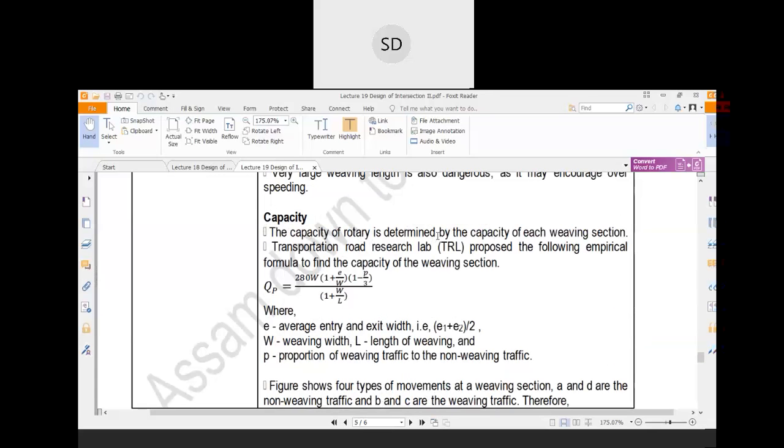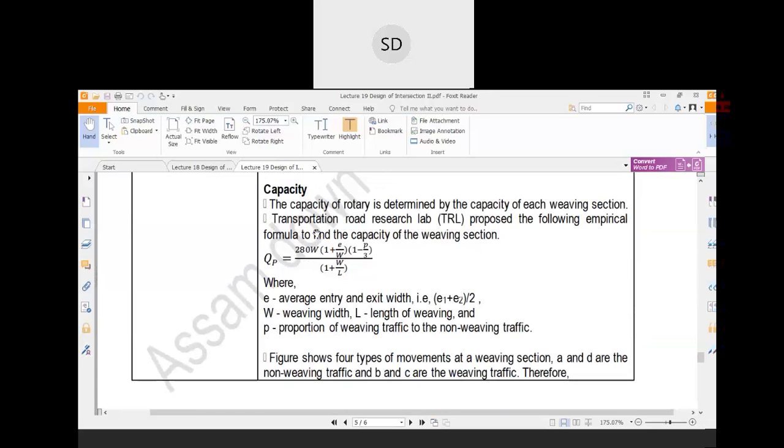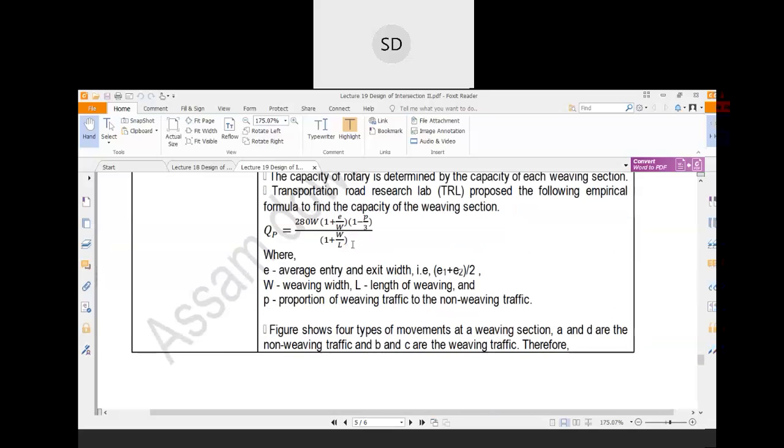Then coming to the next portion, capacity, that is how you can find the capacity of a rotary intersection. Basically, this is the formula to find out the capacity of the rotary intersection. Based on this, you can check whether the rotary intersection in your area is adequately serving or not.